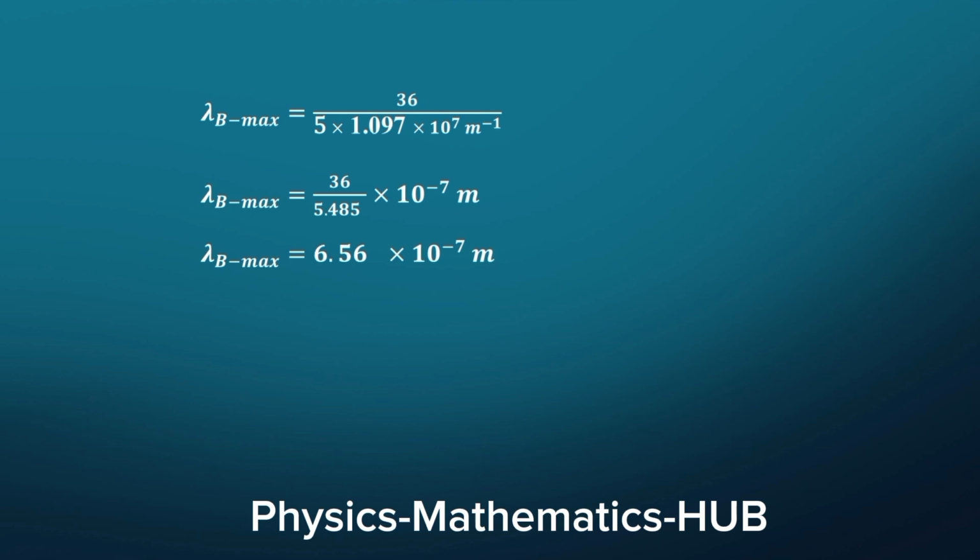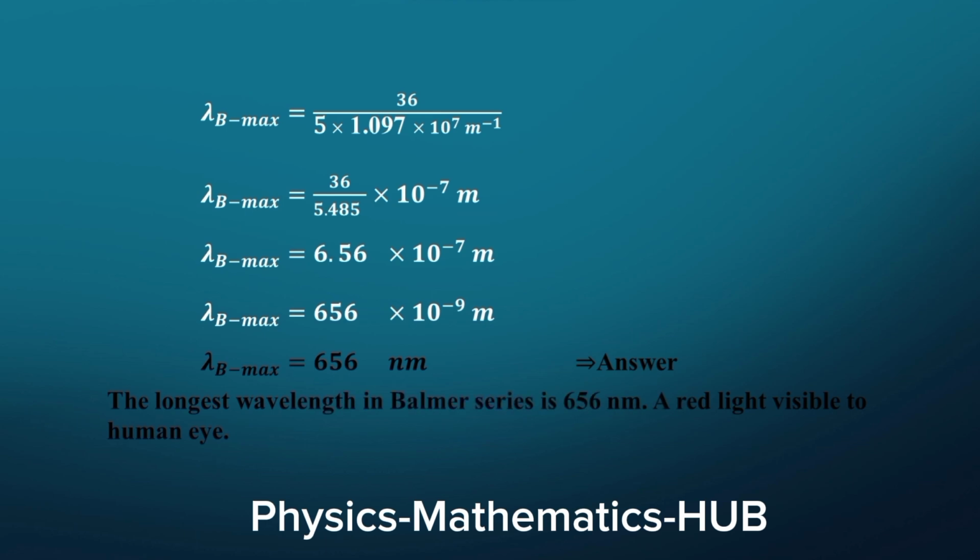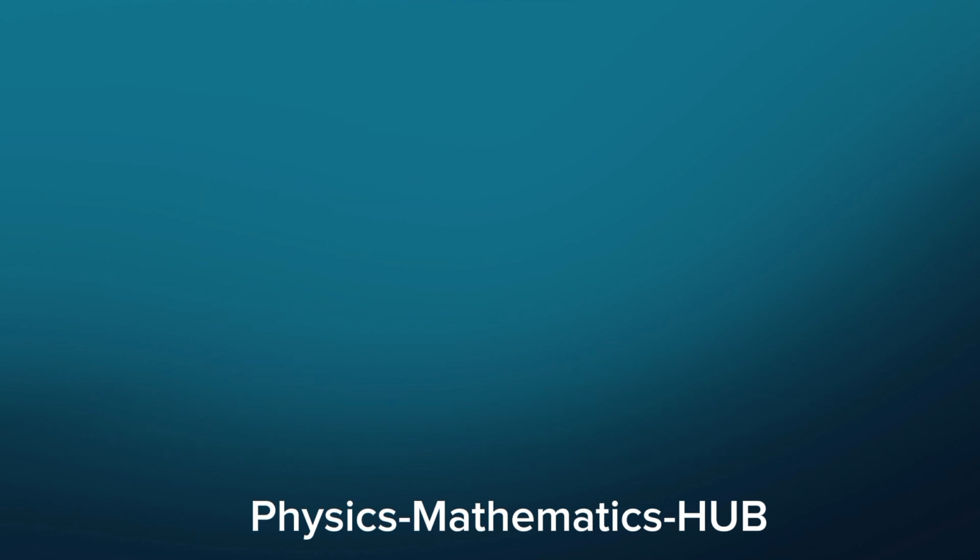In terms of nanometers, we get 656 multiplied by 10 to the power minus 9 meter, which is the required longest wavelength in Balmer series. This wavelength shows red light which is visible to the human eye.